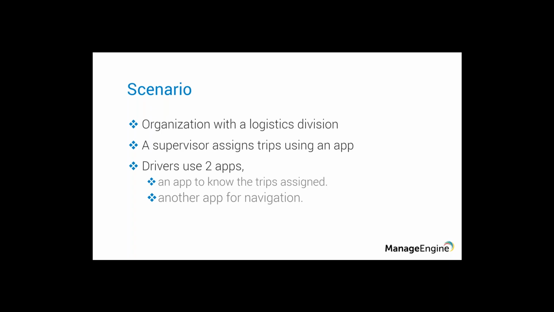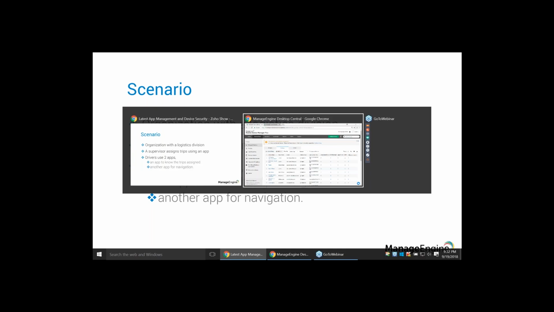We can also configure the device settings where you can restrict the users from accessing the settings app itself, thereby only the configurations that you have sent would be applied in your mobile devices. I would now take you through a scenario which involves a manager and a driver.